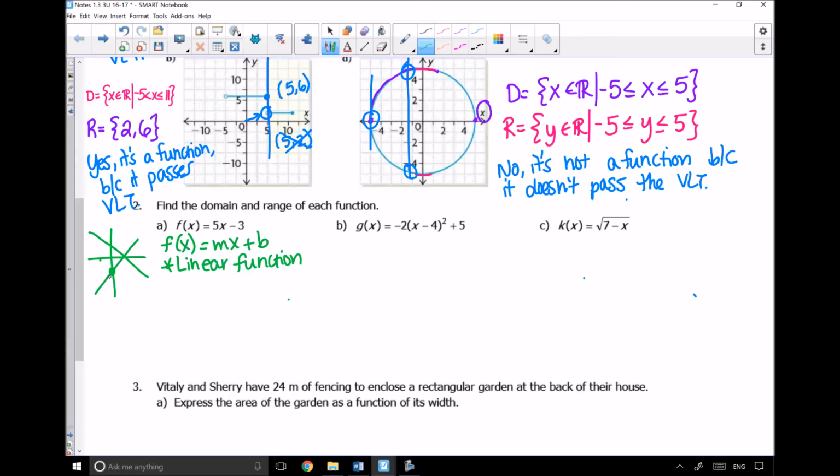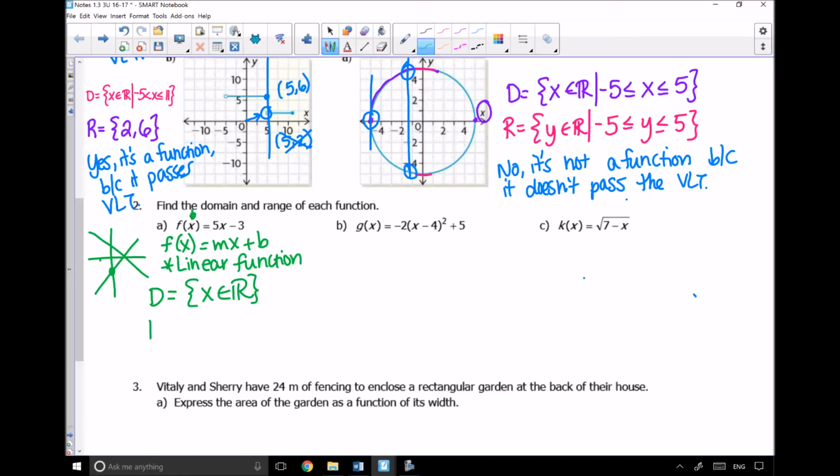So if I take a look at any line that I were to draw that's not vertical or horizontal, I can see that any x value I plug in will always have a corresponding y value and only one corresponding y value. Therefore, I can say that the domain of this function is going to be all real values, no matter what kind of a line it is, unless it's a vertical line. Okay, if it's a vertical line, then the domain is just going to be whatever value of x the vertical line is drawn on. Okay, so that's the domain.